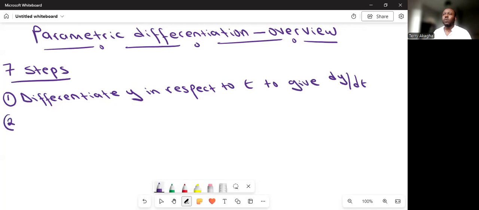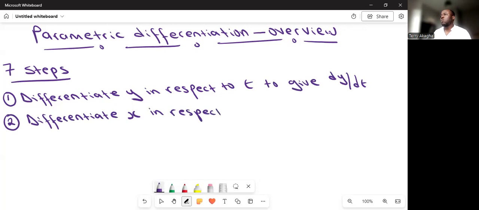Then number 2, after that, you differentiate x in respect to t, to give dx over dt.